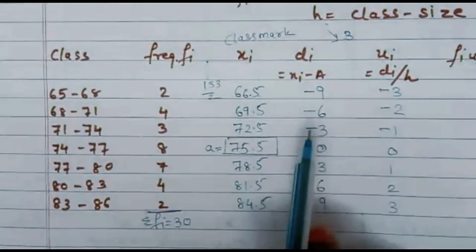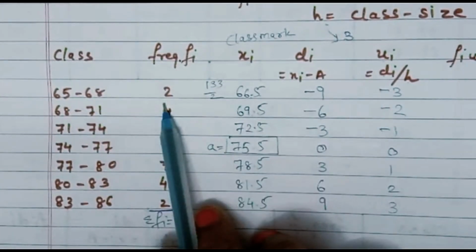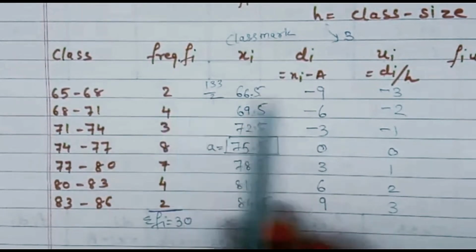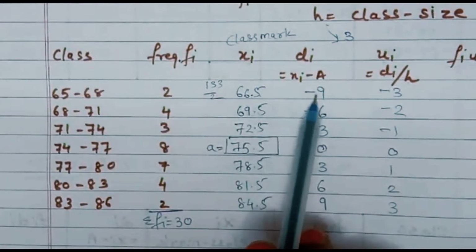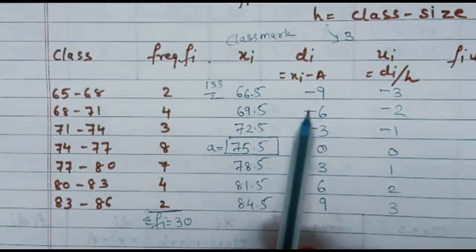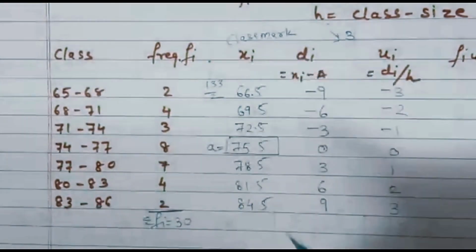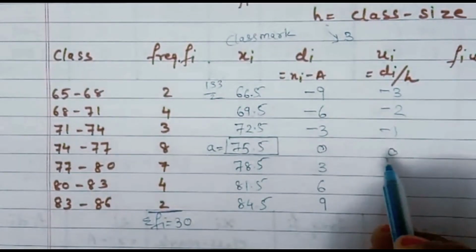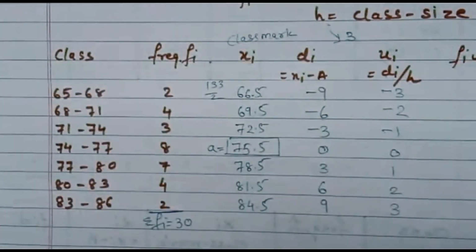So what is easier to multiply, minus 9 by 2 or minus 3 by 2? I know you may be good in multiplication, but here we are getting only one digit. Suppose we get more values, and that too odd numbers like 27, 99 or something like that. At that time there will be difficulty in multiplication, and so we always suggest to use this method of step deviation.